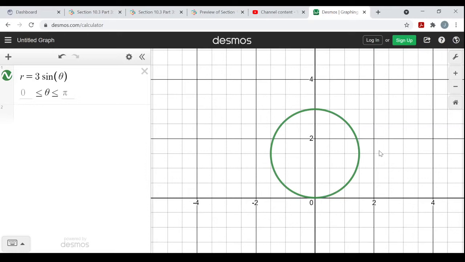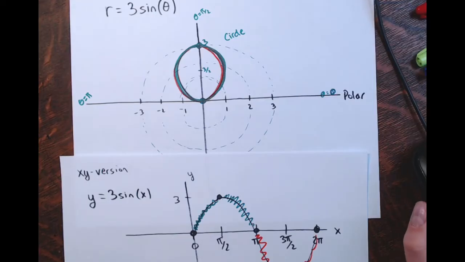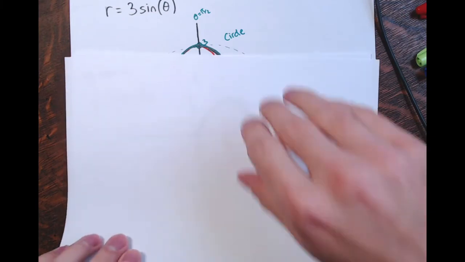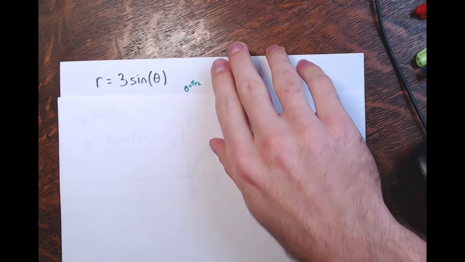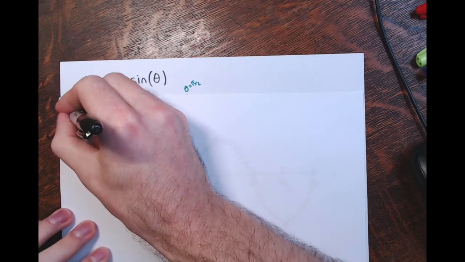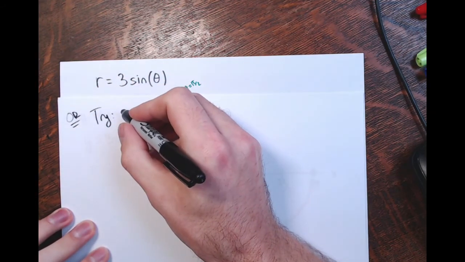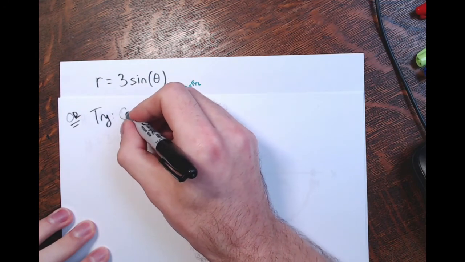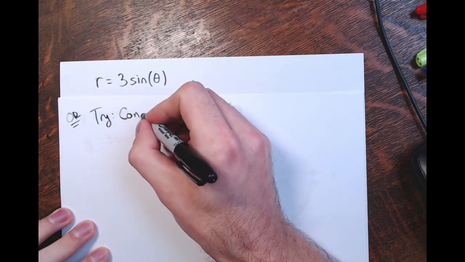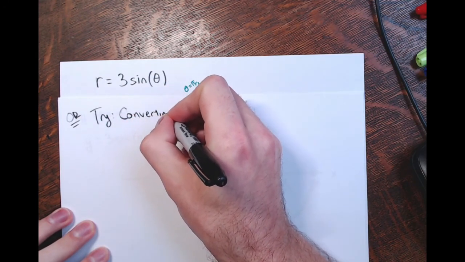Now, another thing you could have tried here, if you're still uncomfortable graphing with r's and thetas, is converting to rectangular, as we've done in other videos in previous objectives.